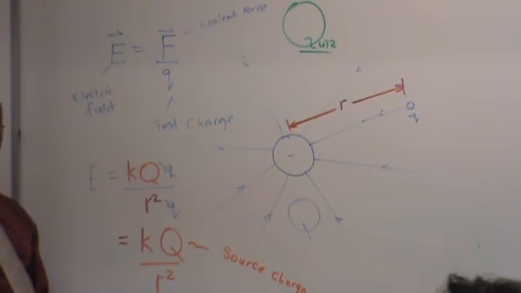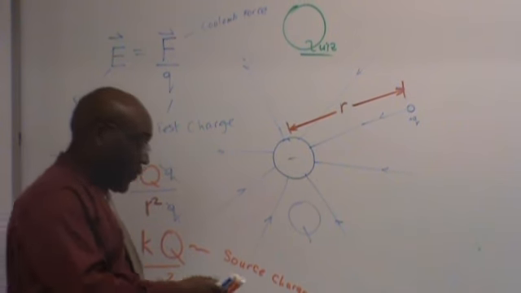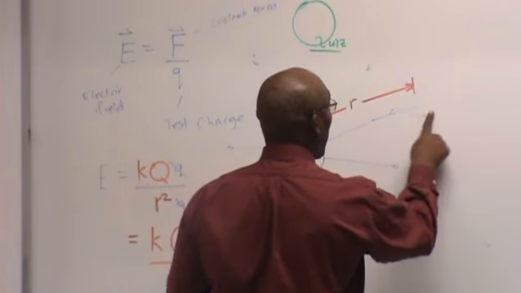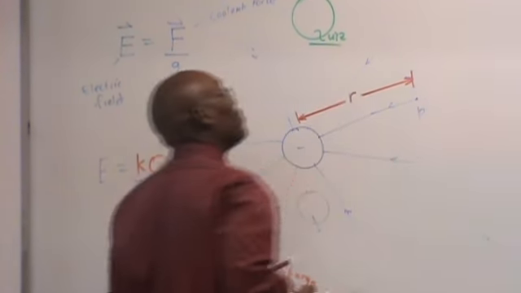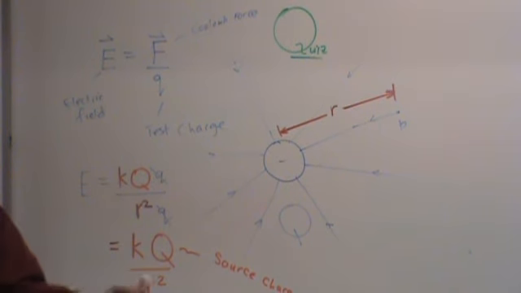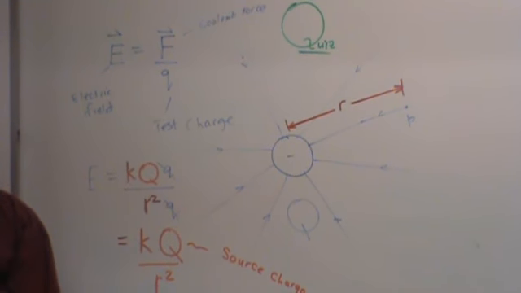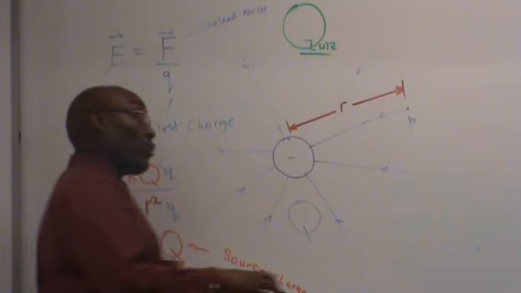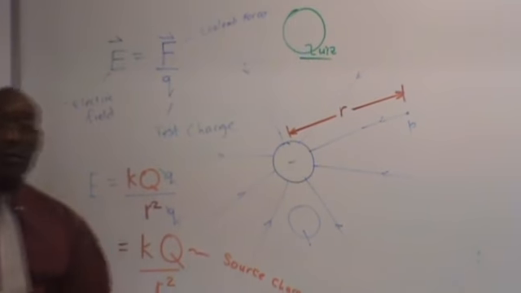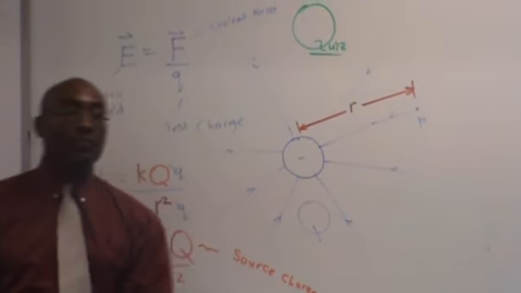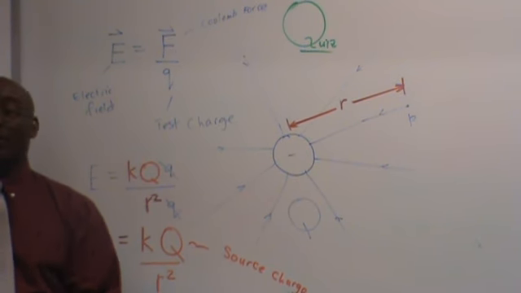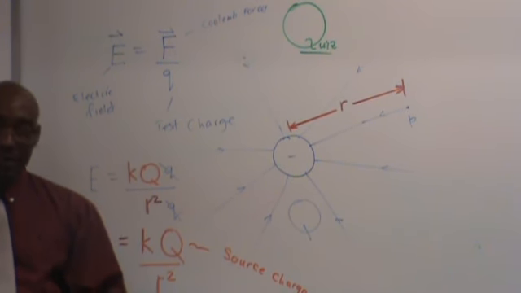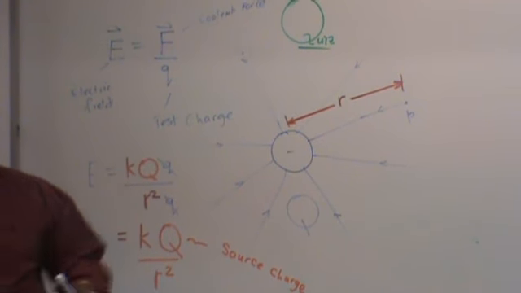Follow me? So if I ask you to calculate the electric field at some point out here, P, you don't need a charge out there. You just need to know where you want to calculate the electric field. Because the magnitude of the electric field will vary depending on where you are in space. Follow me? That's what this is all about. So today, we're going to learn how to calculate the electric field. And I have some examples for you.